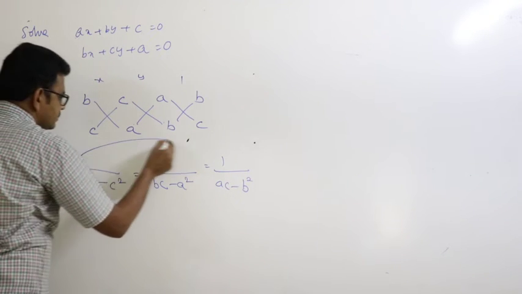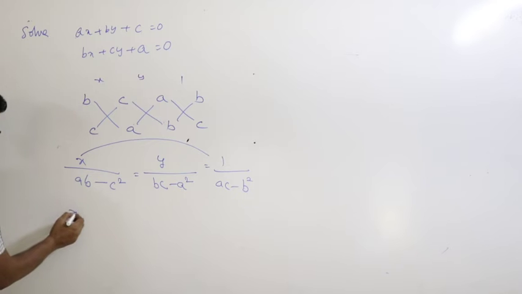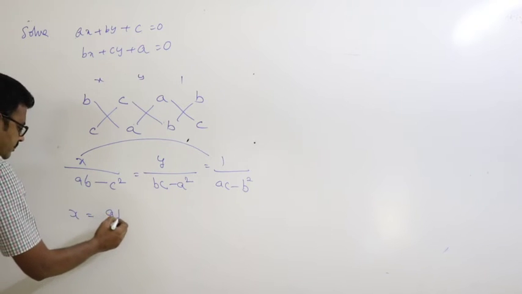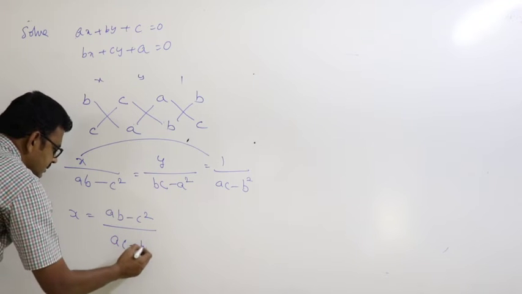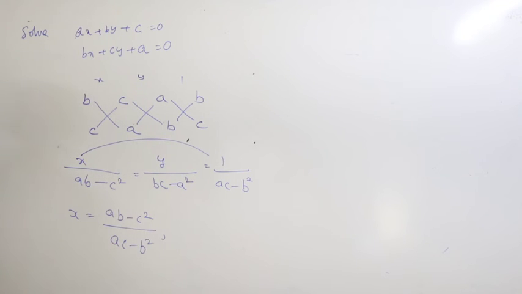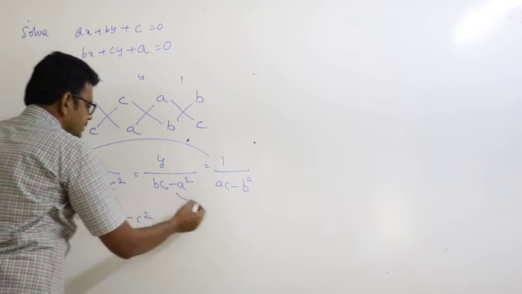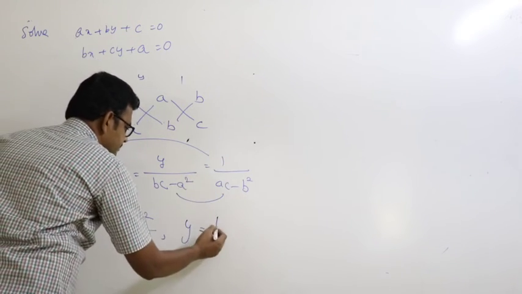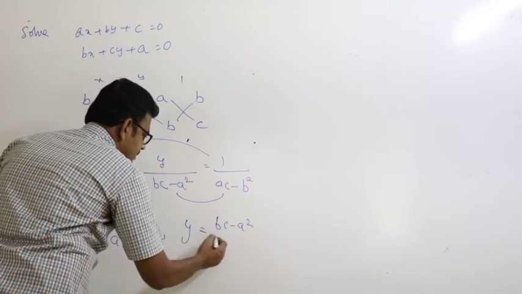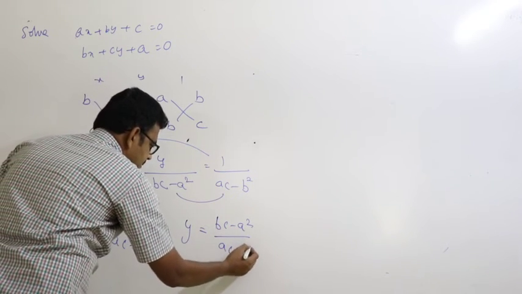So equating these two, what is x equal to? X equal to ab minus c square by ac minus b square. And equating these two, what is y equal to? Y equal to, by cross multiplication, bc minus a square by ac minus b square.